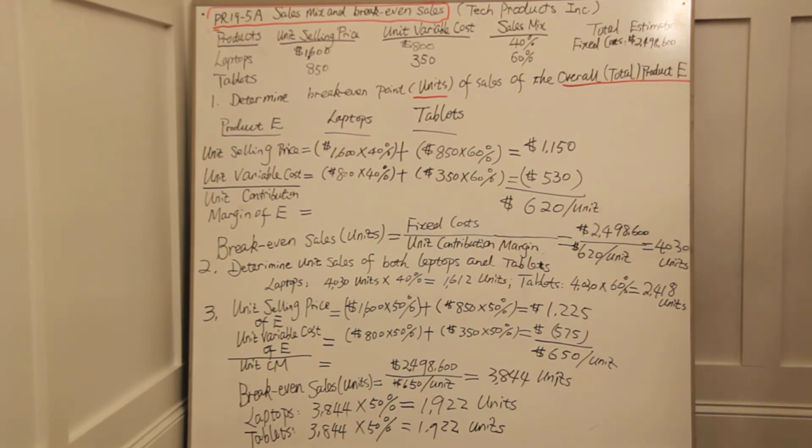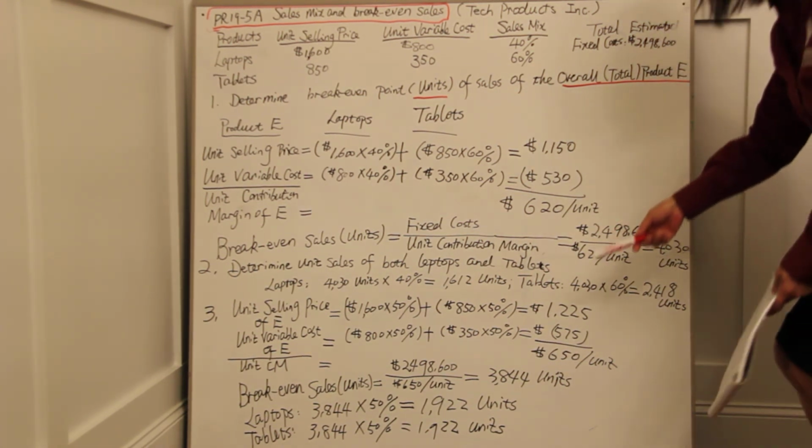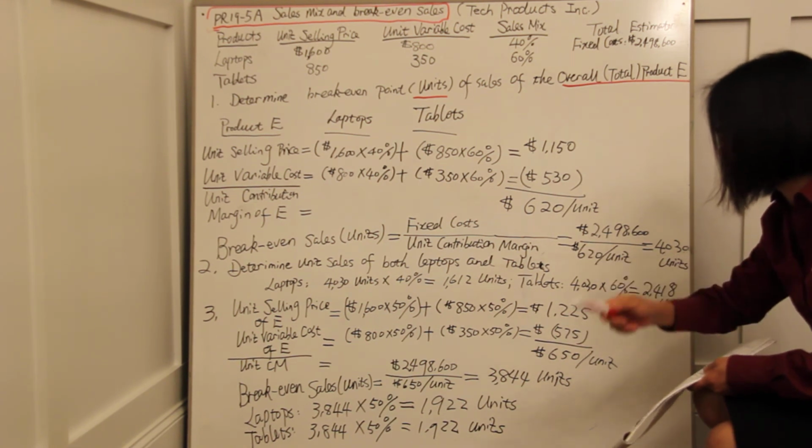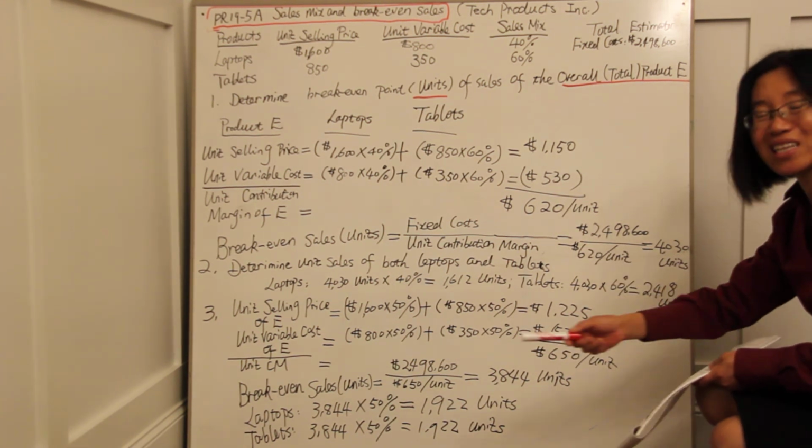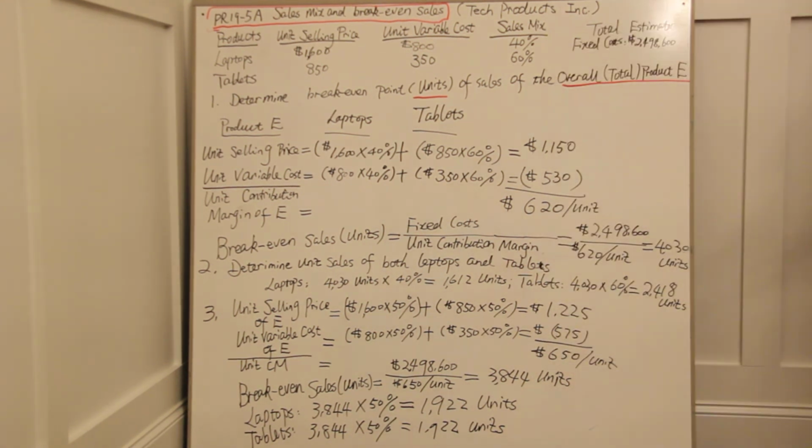For tablets, we do the same way. We also use the unit sales at the break-even point, 3,844, times 50%, the sales mix for tablets. It also gives us 1,922 units.